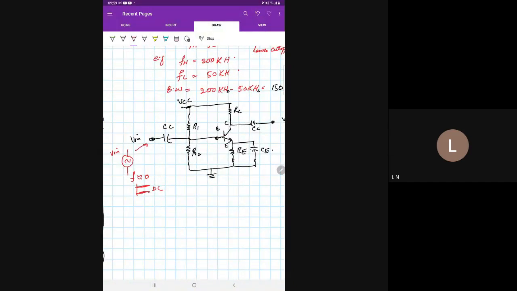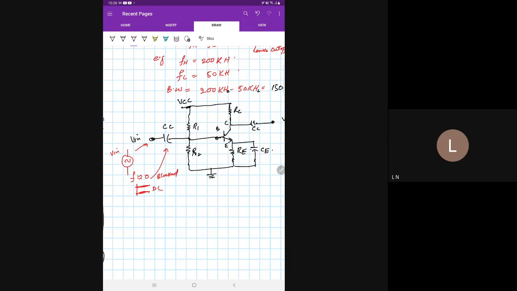Now DC is blocked by the coupling capacitor, so it will not be allowed to pass to the base. This is the reason why the gain in the low frequency region is small.